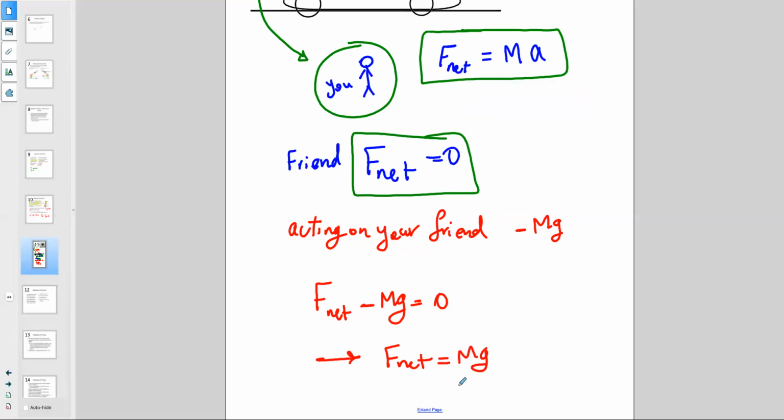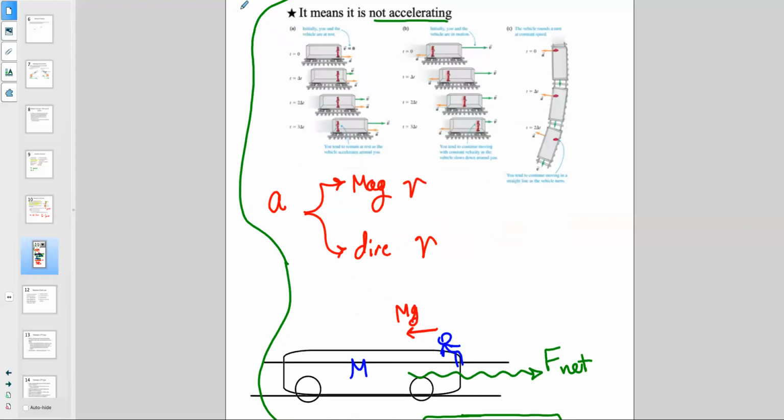Only if you consider another force acting on your friend, which is equal to negative mg to the left, then you can write Newton's law. Sorry, it should be ma, not mg. It has to be ma. A is the same acceleration as the train. So it has to be ma, not mg. This is ma. Correction.